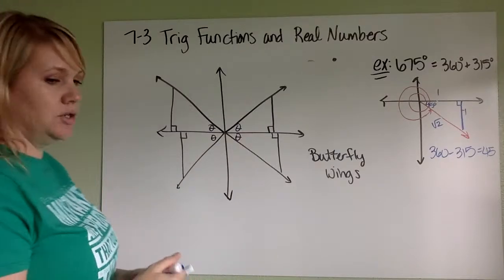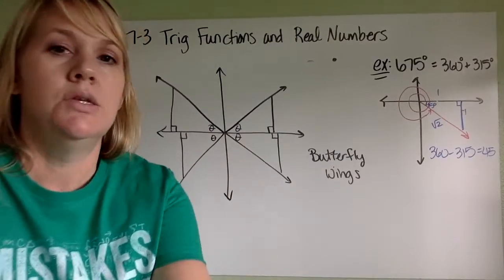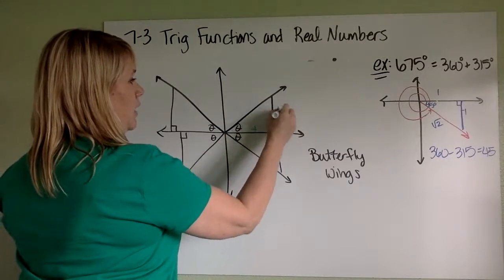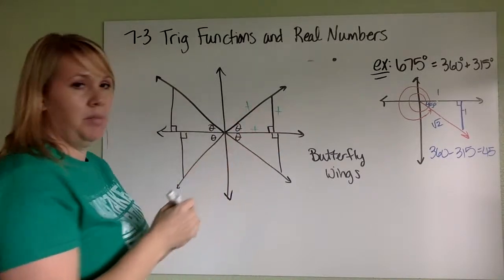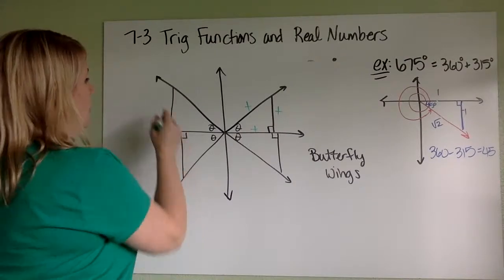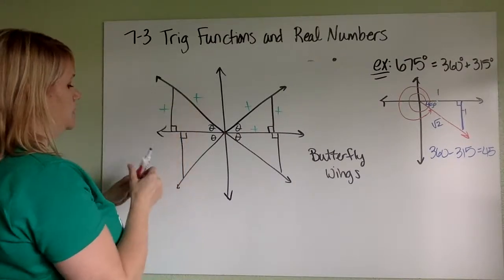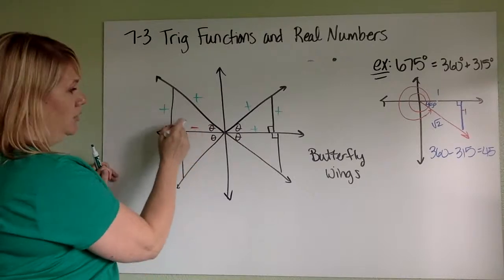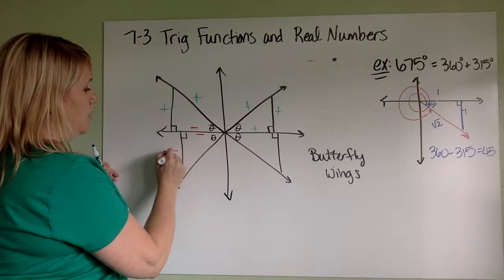And then you can think in terms of positives and negatives, right? So to the right and up is positive, and the hypotenuse is always positive. Up is positive, hypotenuse is positive, but to the left is negative for this triangle. To the left is negative, down is negative.